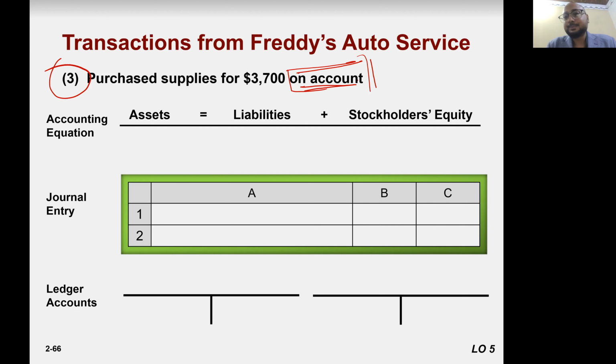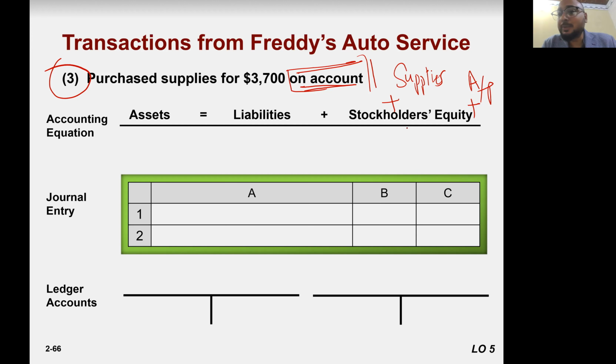So supplies and accounts payable. Remember that one. Supplies increase, accounts payable also increases because we didn't pay yet. That is our liability. Liability increase, supplies increase.